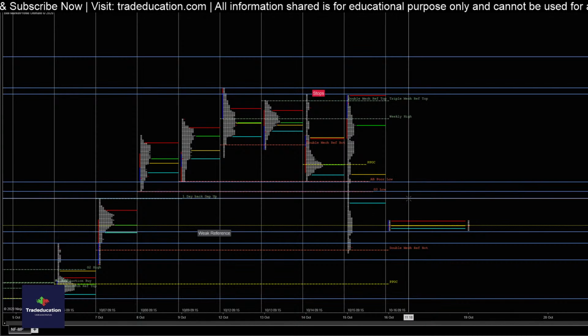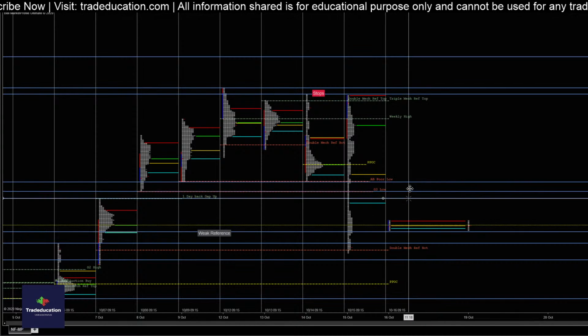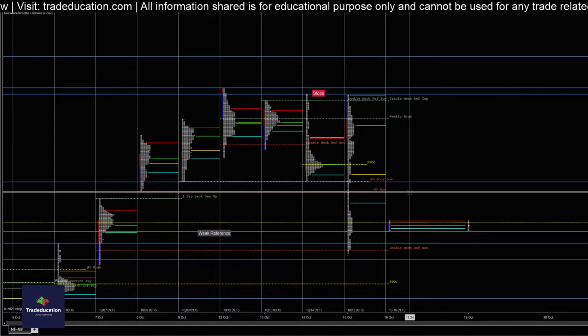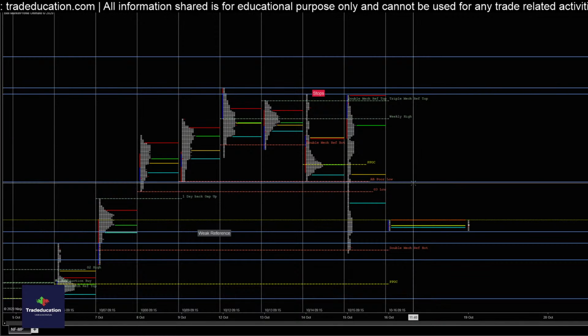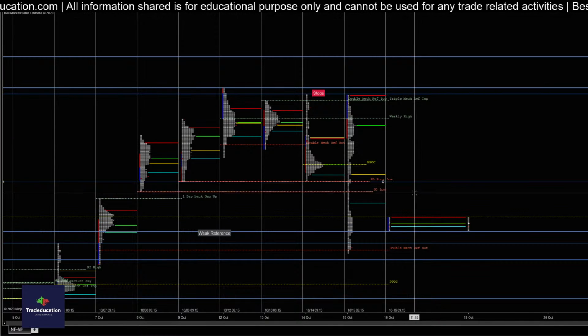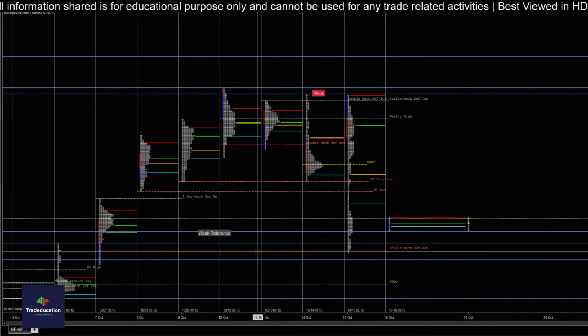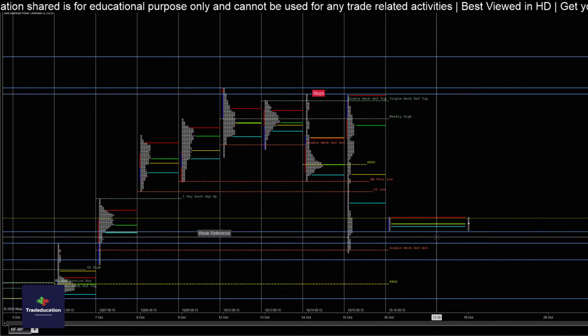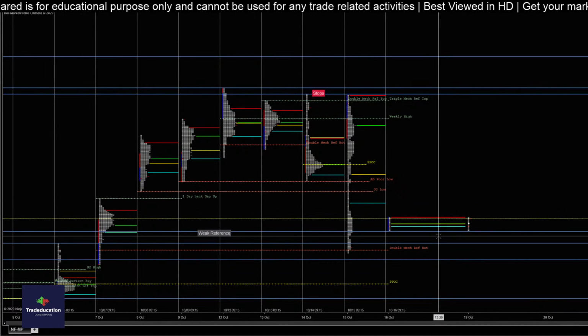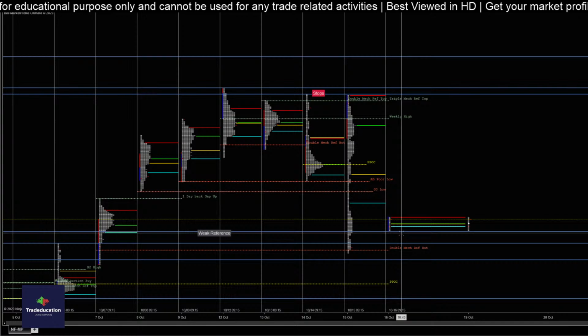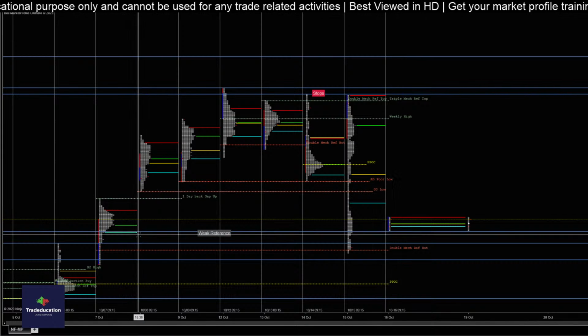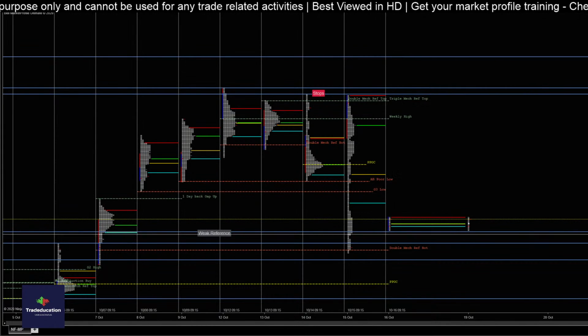Okay, so the auction has opened within yesterday's range. I'll remove all these references, because these were all the weaker references wherein the auction developed. Now if you see where this auction is halting, it is taking support around the point of control or around the value area low.